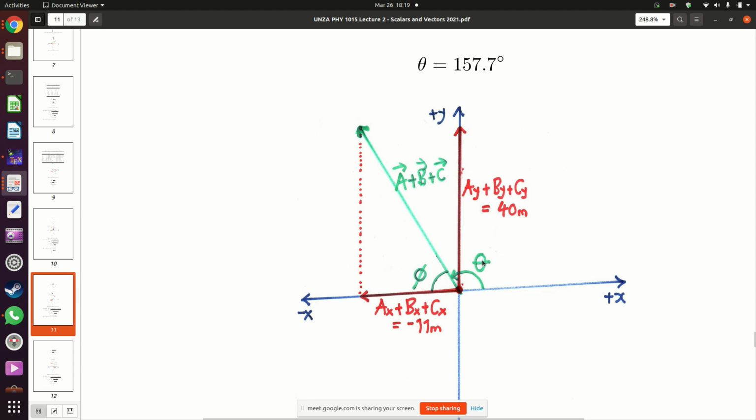The phi and the theta are related to each other because phi plus theta is 180 degrees, as you can see. So what we are going to do is work out phi using the adjacent and the opposite, and once we find out what phi is, we are going to add phi to 180 degrees so that we can get theta.